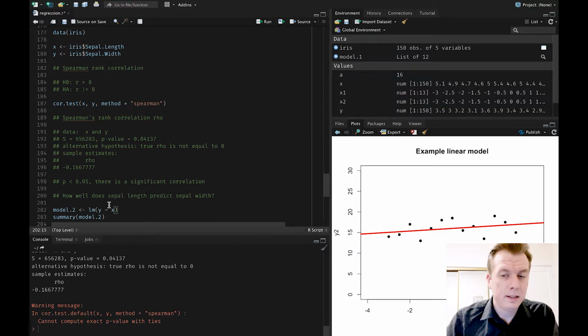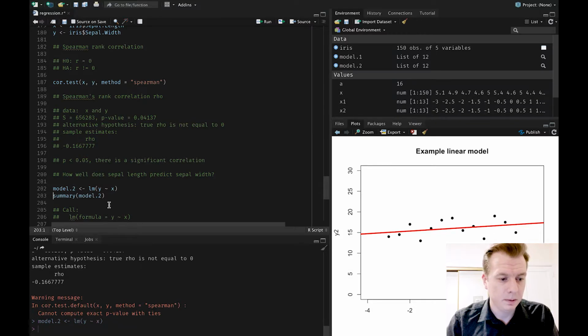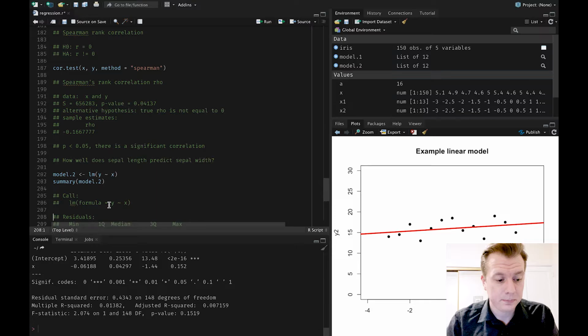But then we can ask the question, okay, now that they're correlated, how well does sepal length predict sepal width? And here we'll call this model.2, and it's simply lm(y ~ x). We run that, and then we run our summary function.